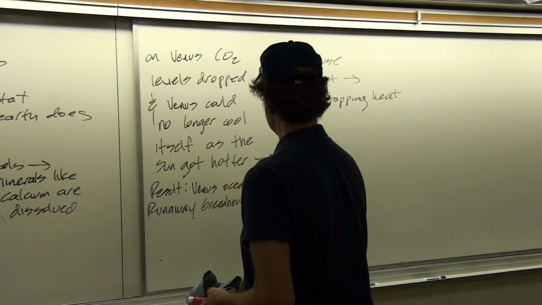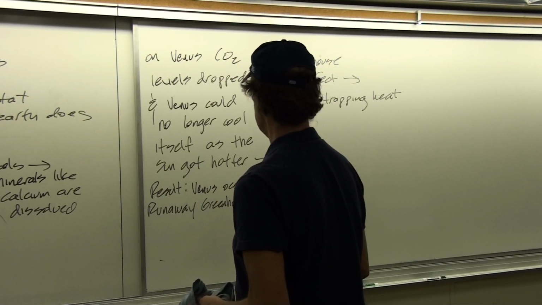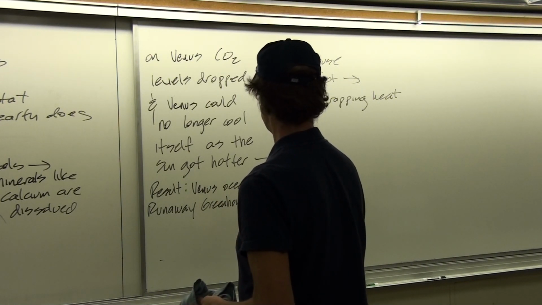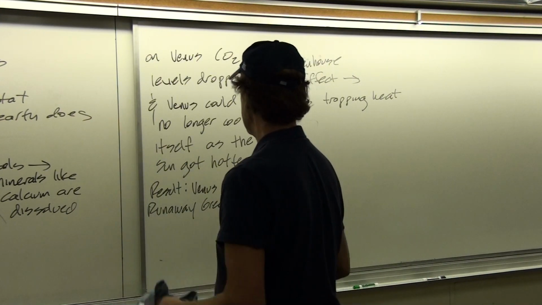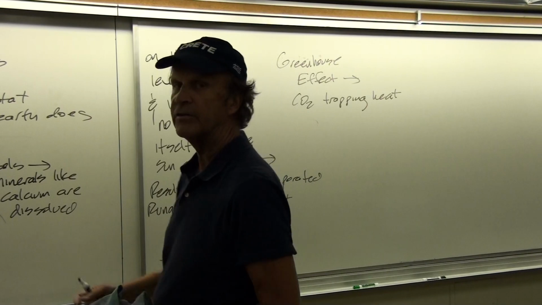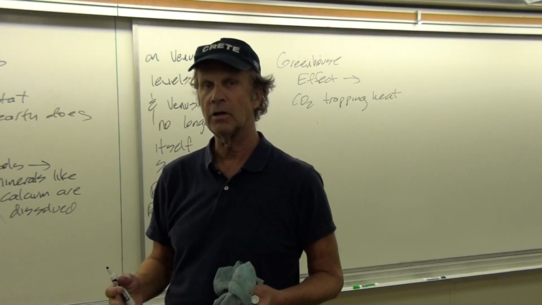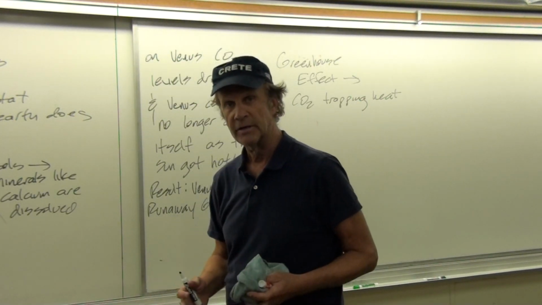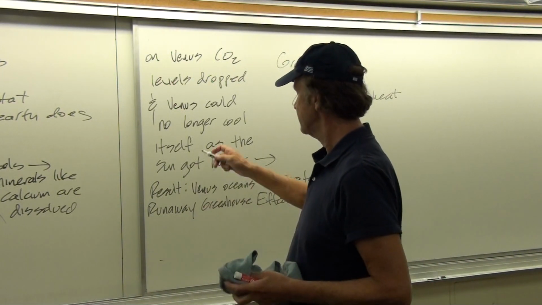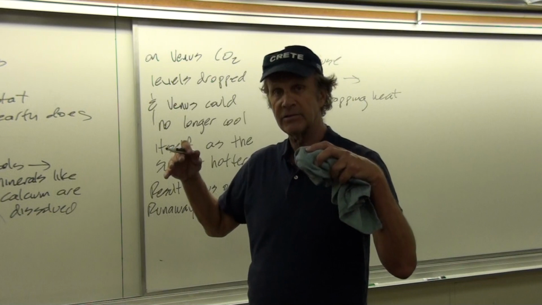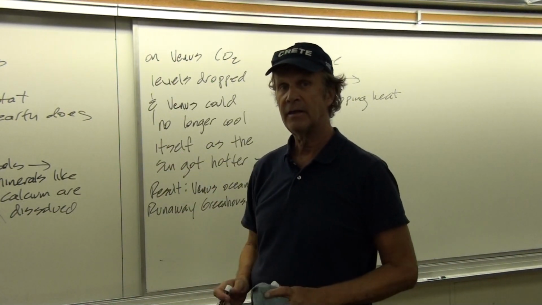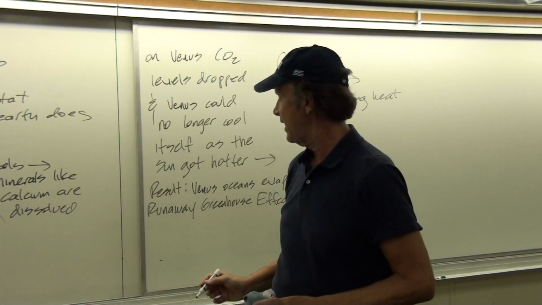So a runaway greenhouse effect then essentially means that we've reached the point where the ocean's evaporated, and so then there's no way to control the temperature any longer. And so the temperatures start to grow. The water is also a greenhouse gas, and so that's turned into steam in the atmosphere of Venus.